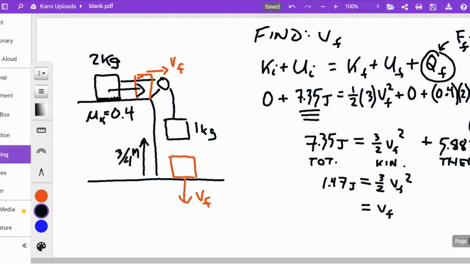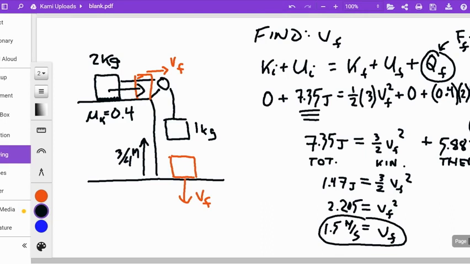So V final squared is equal to 2.205. And don't forget in these problems to take that square root at the end. That happens a lot in these. So my final velocity here looks like it's going to be about 1.48, say about 1.5 meters per second.